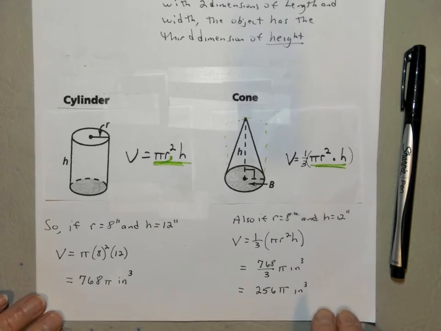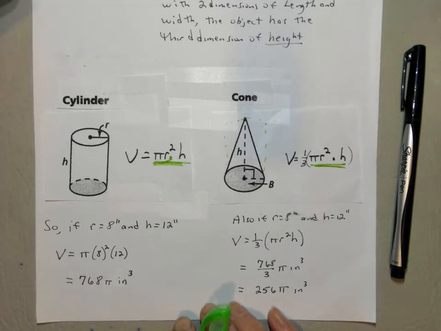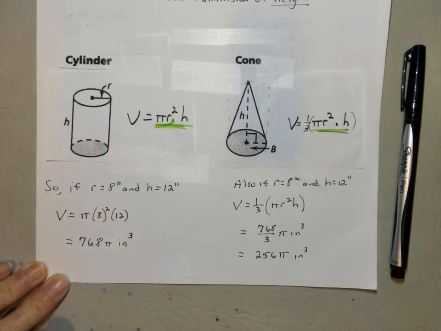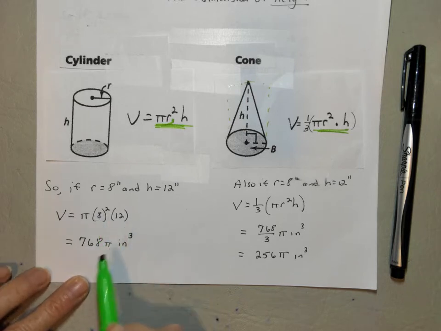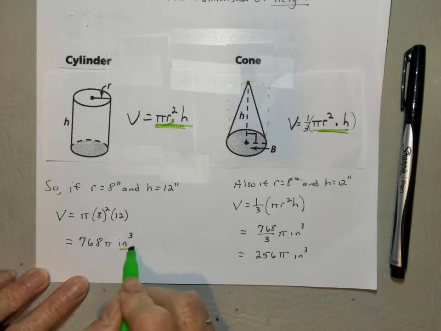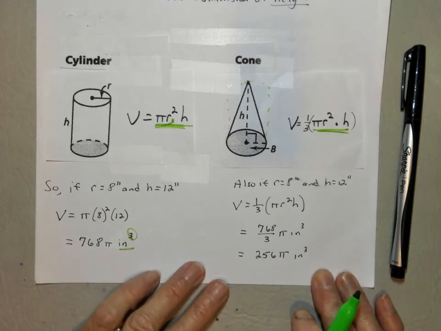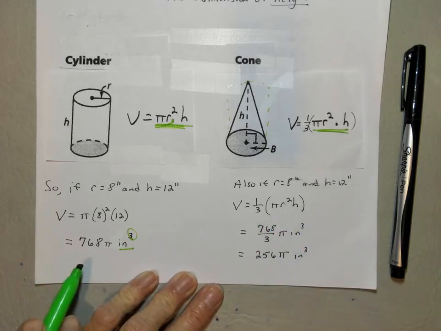So in our example down below, if the radius is 8 inches and the height is 12 inches, then the volume of my cylinder is going to be pi 8 squared times 12. And 8 times 8 is 64, times 12 gives you 768 pi inches cubed, because it's three dimensions, right? Now, if we take a look at the cone, it's the same thing, except it's 1/3 of that total.